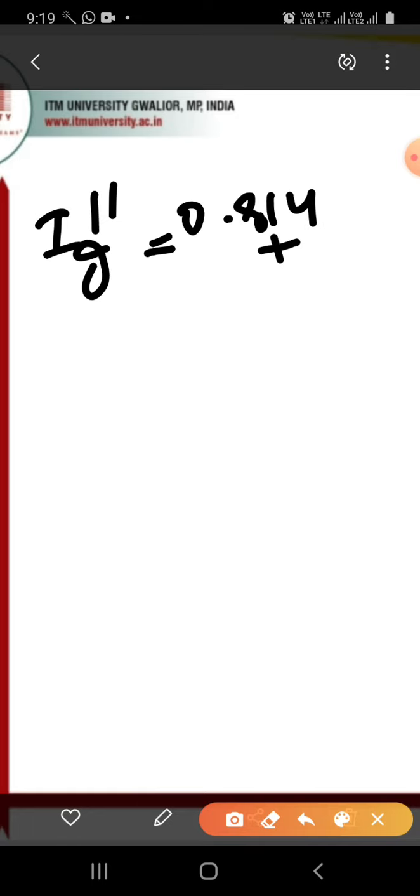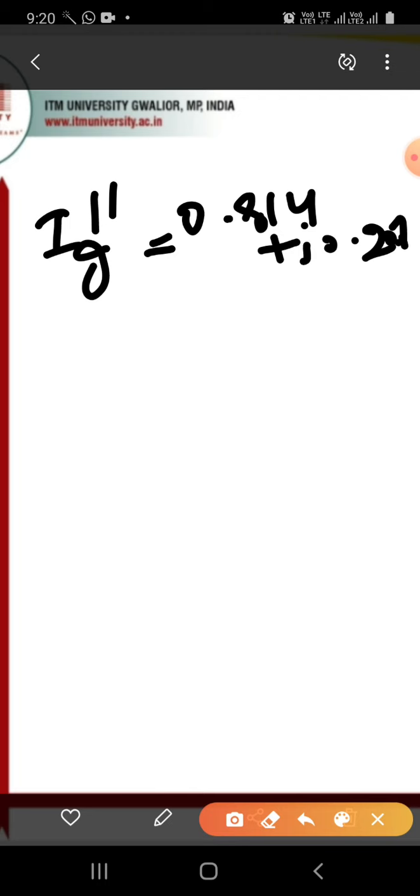Ig double dash, which is equal to Eg double dash divided by j 0.3.